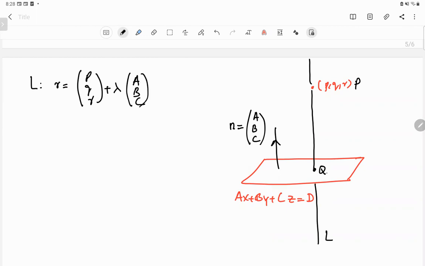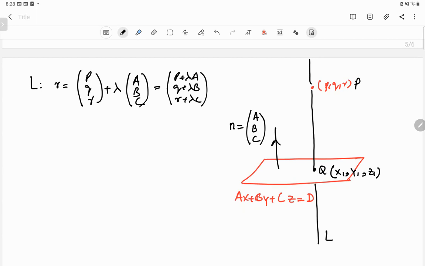In order to calculate the coordinates of Q, let's call them x1, y1, z1. This point is equal to P plus lambda A, Q plus lambda B, and R plus lambda C, okay? This is the equation of the line.